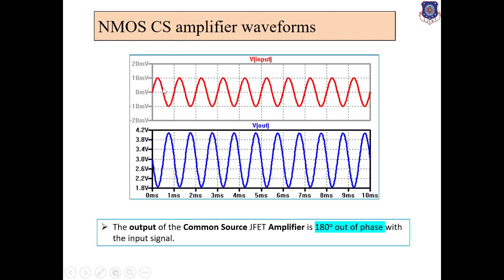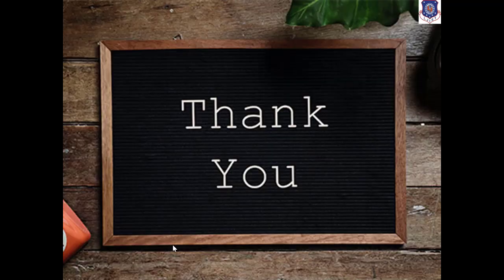See, this is the positive half cycle, and here we start the negative half cycle. The output of the common source JFET amplifier is 180 degrees out of phase with the input signal. We are getting amplification with a 180-degree phase shift. Okay, thank you.